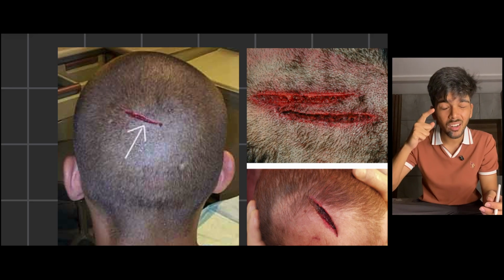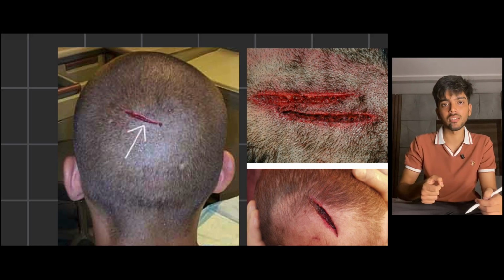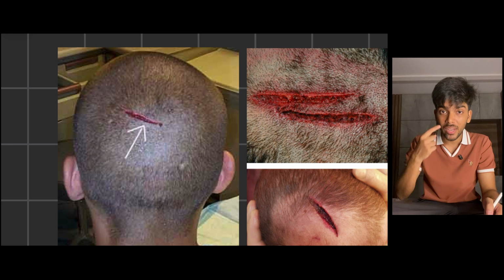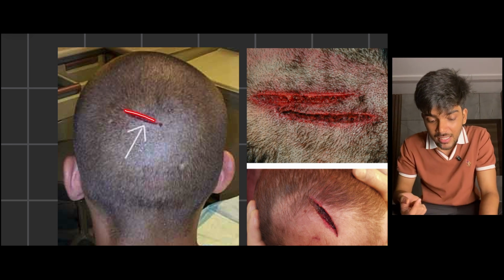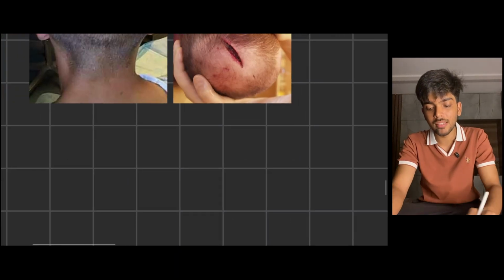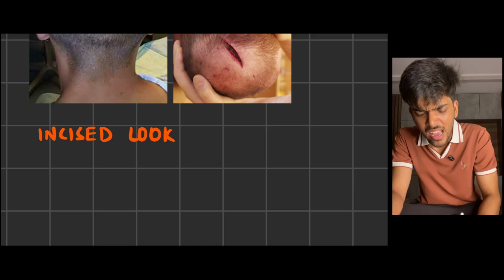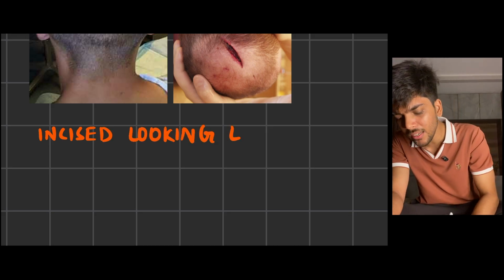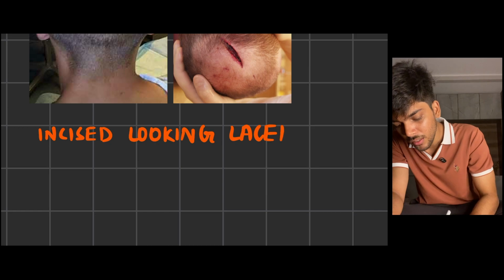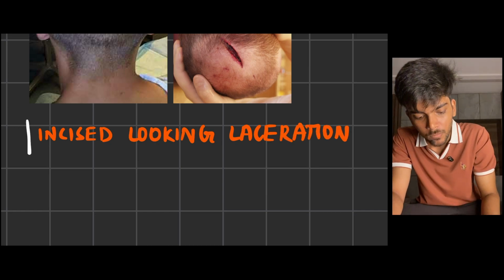It is as a result of a blunt force that you get this splitting. So it is a laceration, but since to the naked eye it looks like an incision due to the regular margin, it is also referred to as incised looking laceration. A very important terminology you need to know.